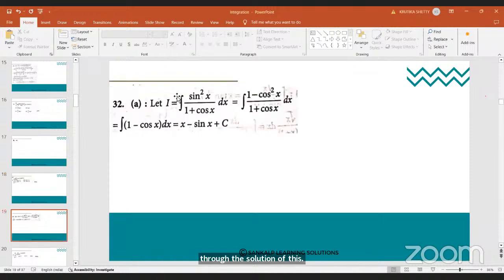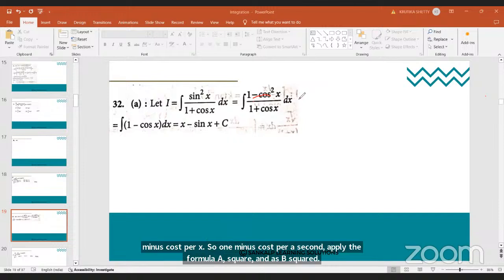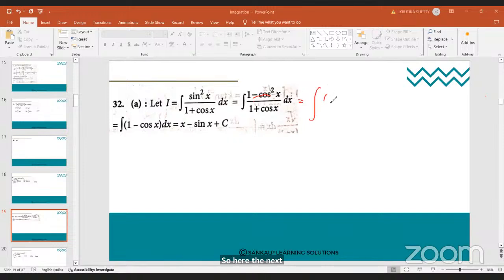See, I is equal to integration of sin square x upon 1 plus cos x dx. Sin square x can be written as 1 minus cos square x. Again apply the formula a square minus b square, so the next step will be 1 minus cos x into 1 plus cos x, whole divided by 1 plus cos x dx.